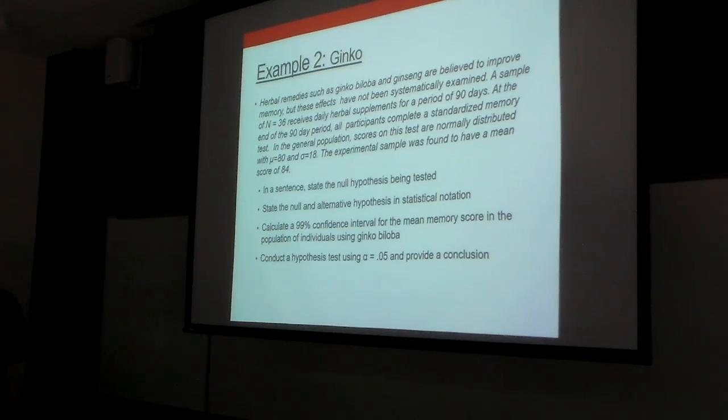All right, but we end up here with a 99% confidence interval based on our data for plausible values of the population memory score for individuals taking these supplements, okay? So based on my confidence interval here, Layla, what do I already know about my hypothesis test?